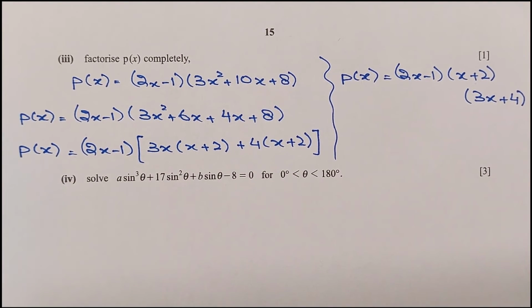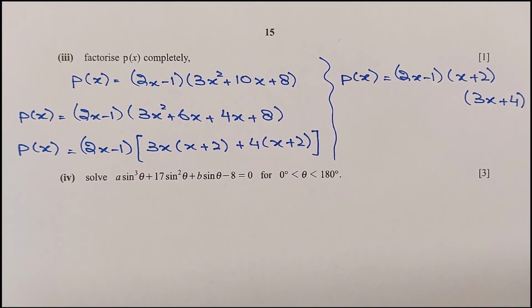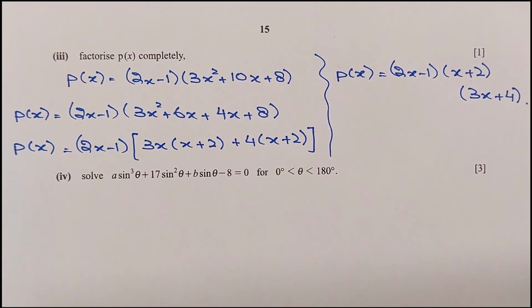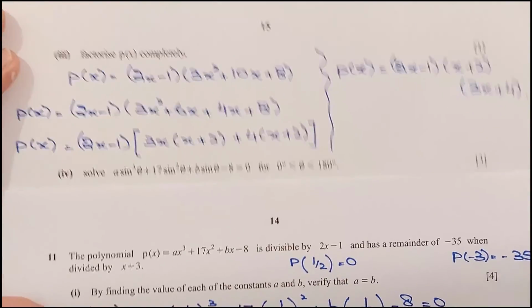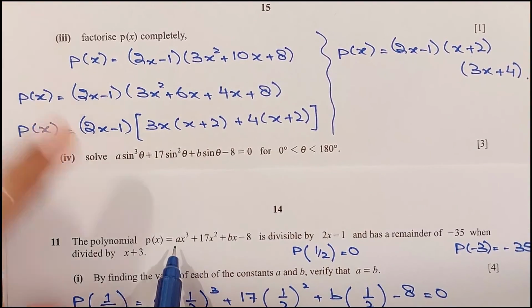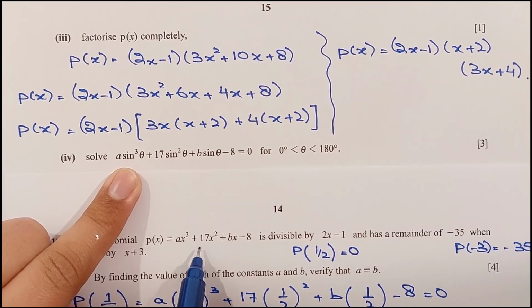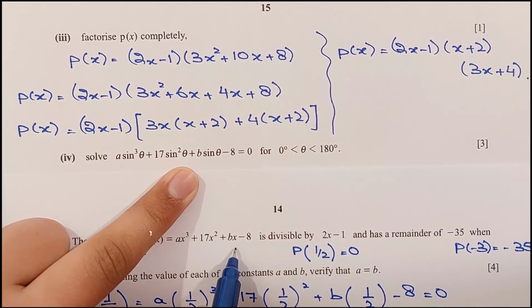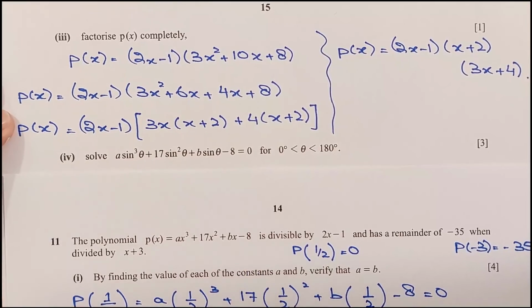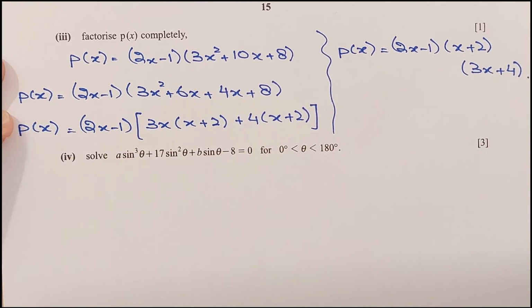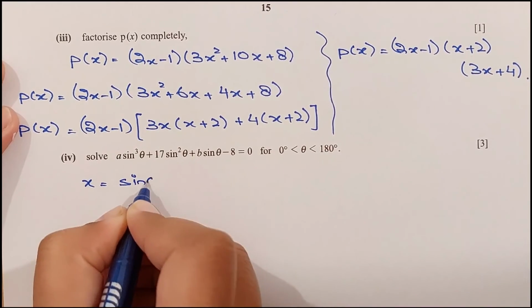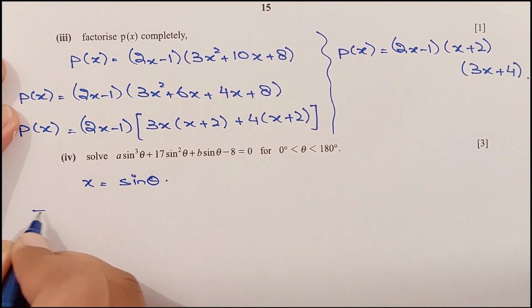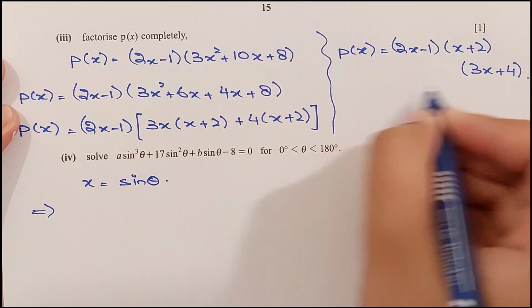Now for part 4, solve this equation for theta between 0 and 180 degrees. Let me compare this with my given polynomial. As you can see, my given polynomial is ax cube plus 17x square plus bx minus 8. Okay, so x is basically equal to sine theta, right? And my polynomial factors are equal to this.